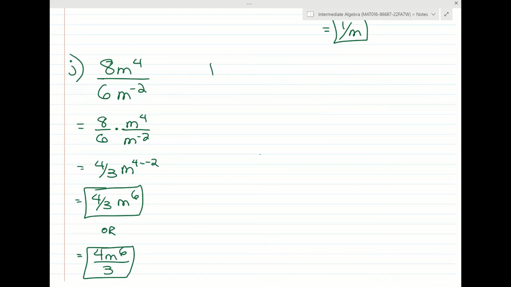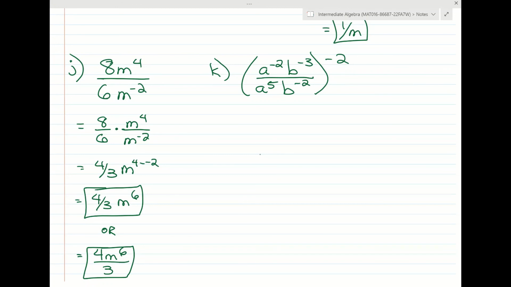And then the last example here would be a to the negative second, b to the negative third, divided by a to the fifth times b to the negative second, all to the negative second power. We have a couple different ways we can handle this.